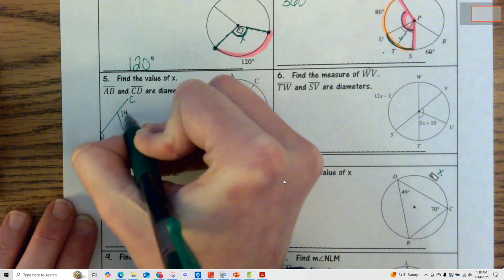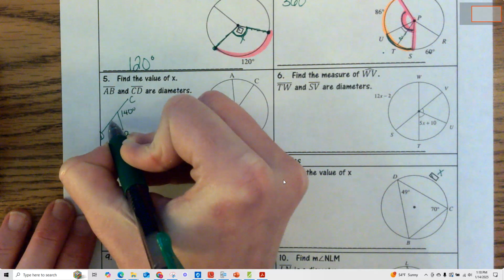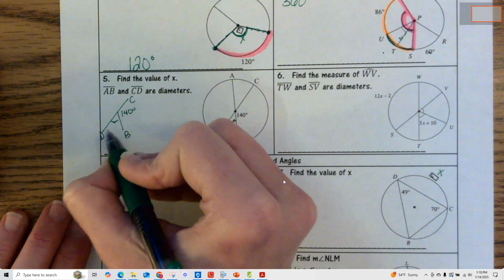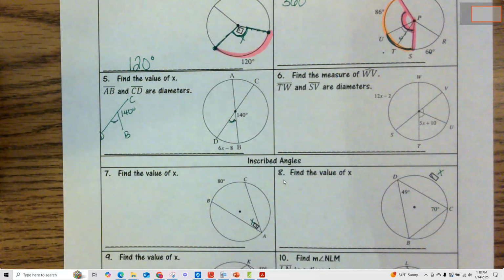If I know this angle is 140, what's this angle going to measure? No, straight line. What's a straight line? Straight line is 180.